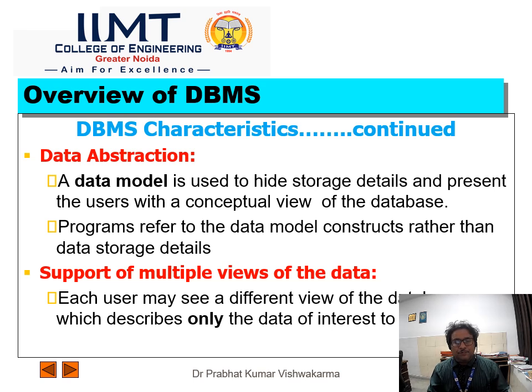Another very important characteristic of the database management system is that it supports multiple views of the data. Every user will have different queries and different kinds of information to be taken from the database being maintained, and that's why the database management system supports multiple views of the data.